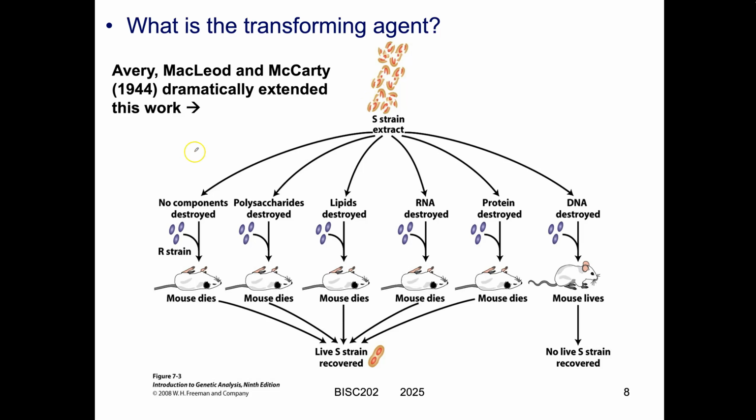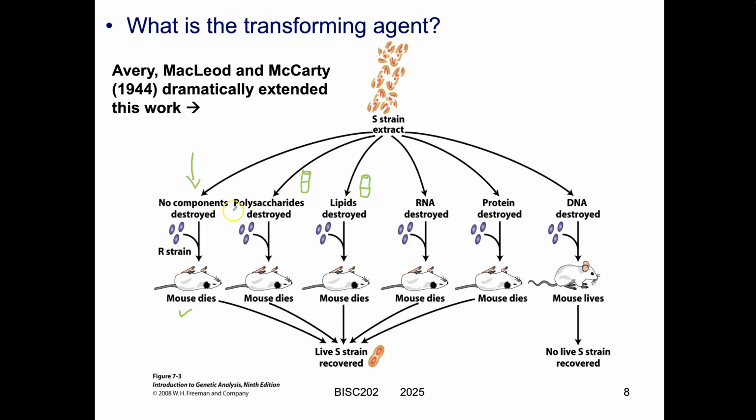And they would use that extract and expose it plus R strain to the mice, and the mice would die. And then you would take a subset, a little sample of each of these in a test tube. And each one of them was treated separately.